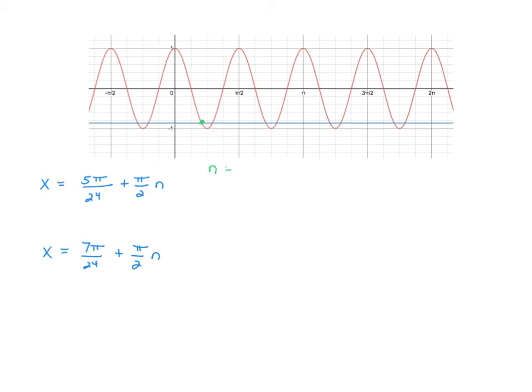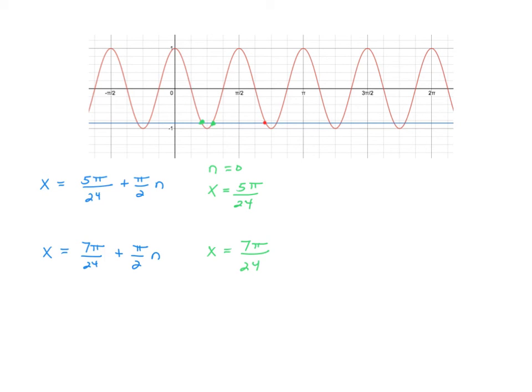So if n is equal to 0, we have x equal to 5 pi over 24, and that is the location of this spot. If you want to get this location, we put n equals 0 into this expression. It'll make this part equal 0, but x for n equals 0 is going to be 7 pi over 24, and that would be this solution here.